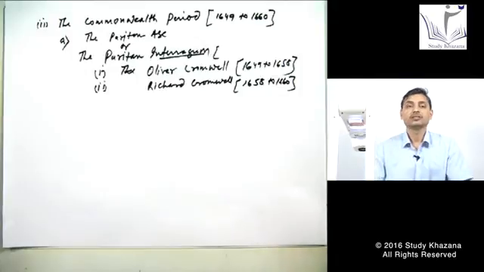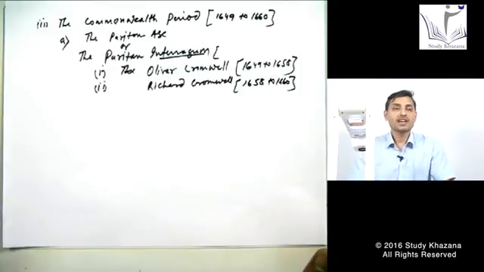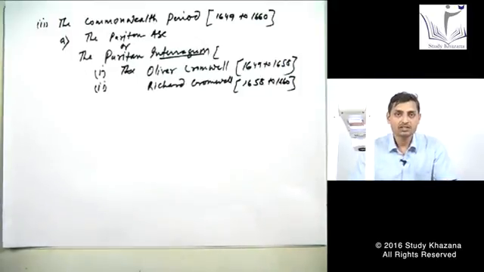During this period, Milton was the most important writer. And as I was making you understand, the term Commonwealth means everybody's property and nobody's property. There was no ruler after Charles I was executed in 1649.